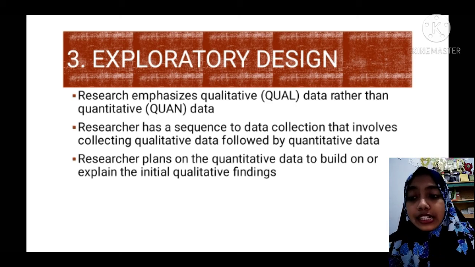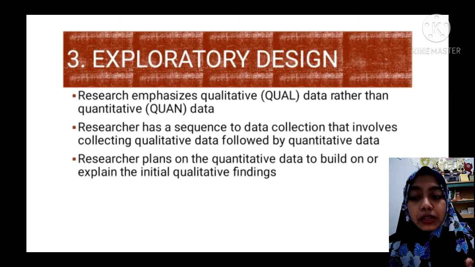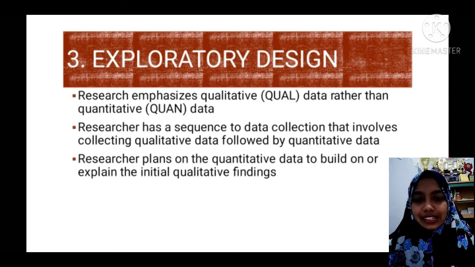This design allows a researcher first to explore a topic by collecting qualitative data to help identify principal themes and possibly generate a theory. Then the researcher collects quantitative data to examine the initial qualitative results.